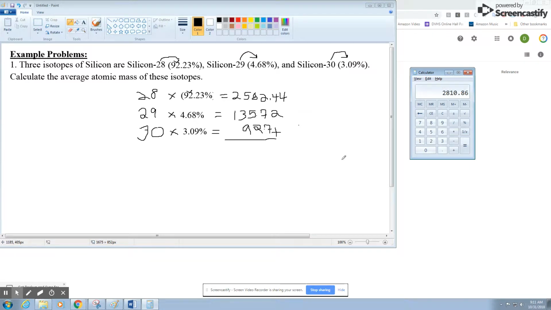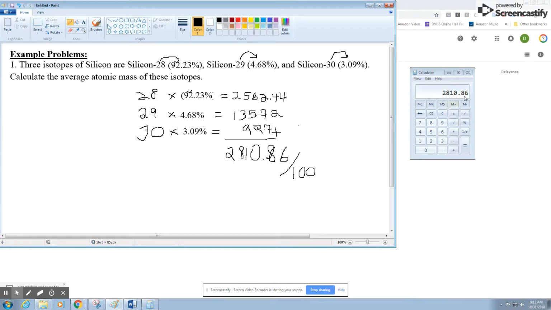What you're going to notice is it's similar to this number right here after we do our last step. So 2810.6. All right, it says divide by 100.